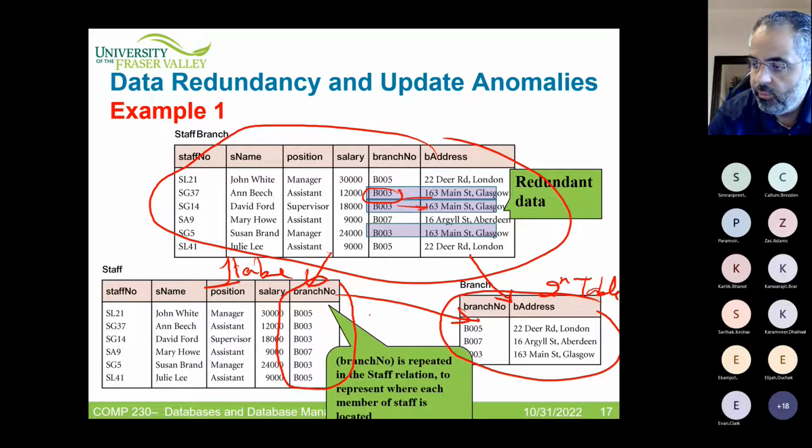So now, if I want to change the address of B0, I change it in one place. And still I can mention the branch number for each staff, but I don't have to mention the address.